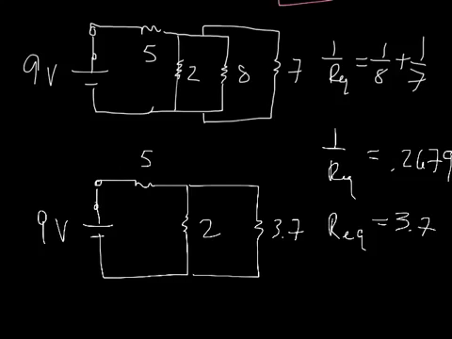Now what do we do? Yeah, the 2 and the 3.7, they're parallel now. So let's work on these. Leave the 5 alone again. It occurs before any branching off.